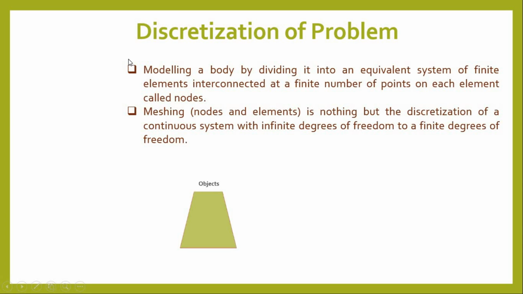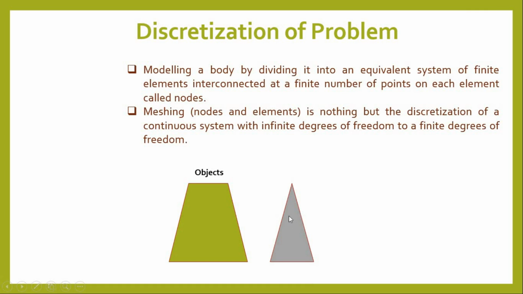Consider an example: an object with a rectangular trapezoidal shape, and I want to split this object into three different shapes. You can see this is one, this is another, and this is the third. From a single object we split it into three objects. That is called the discretization process, and these three objects are nothing but your elements.